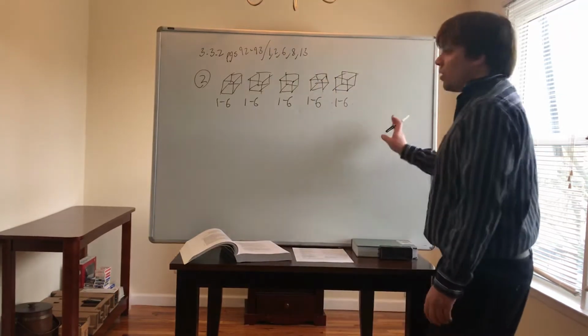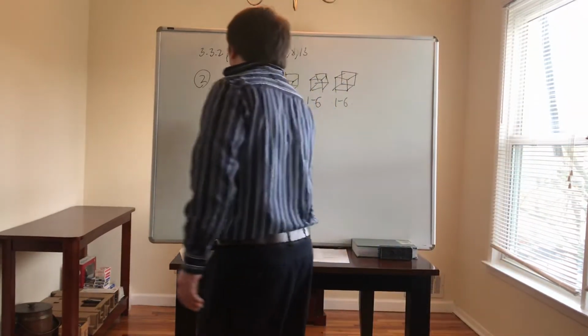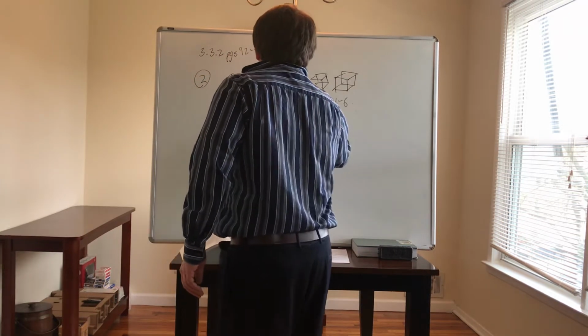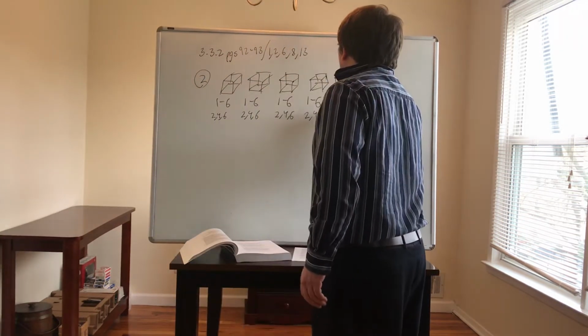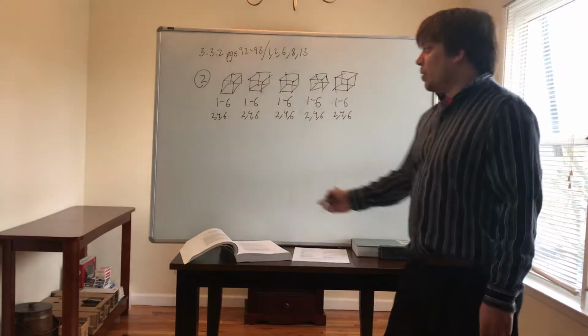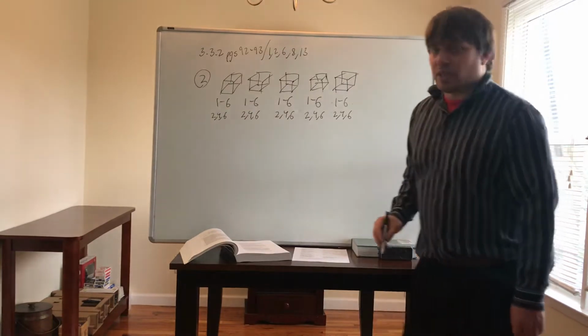So these are all the possible outcomes, right? But the even ones are 2, 4, and 6. And so we want to find the probability that each roll of the die, we get 2, 4, or 6, when we could possibly get 1 through 6 each time, right?